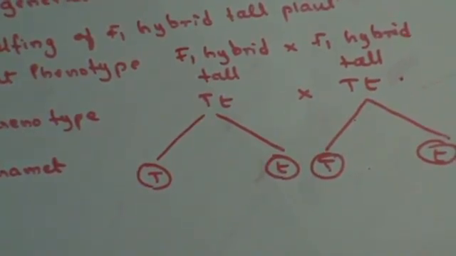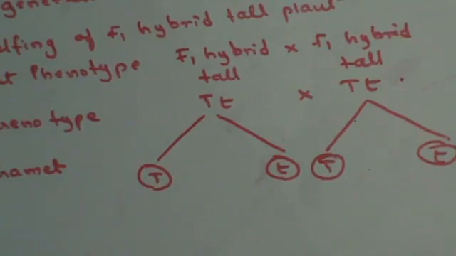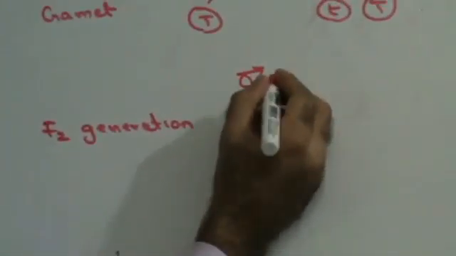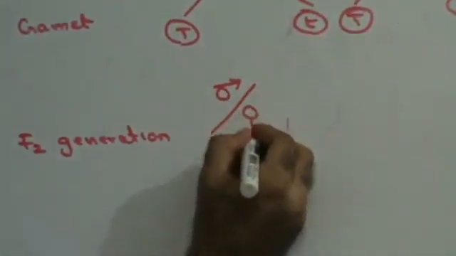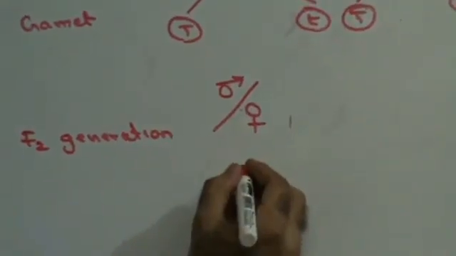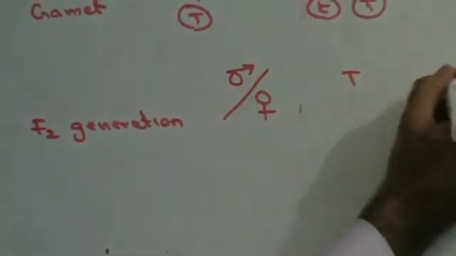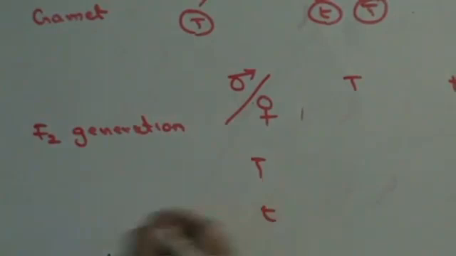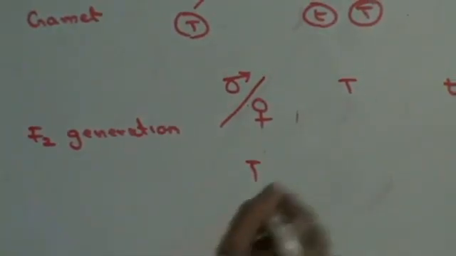Now, once these gametes are formed, with these gametes I could have the F2 generation. Right? I could consider the male and female. So you have male, two gametes formed, T and t, female, two gametes formed, T and t, right?